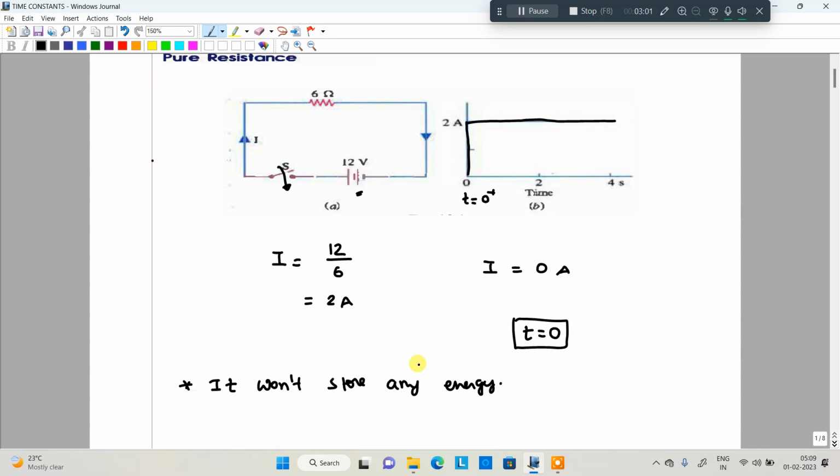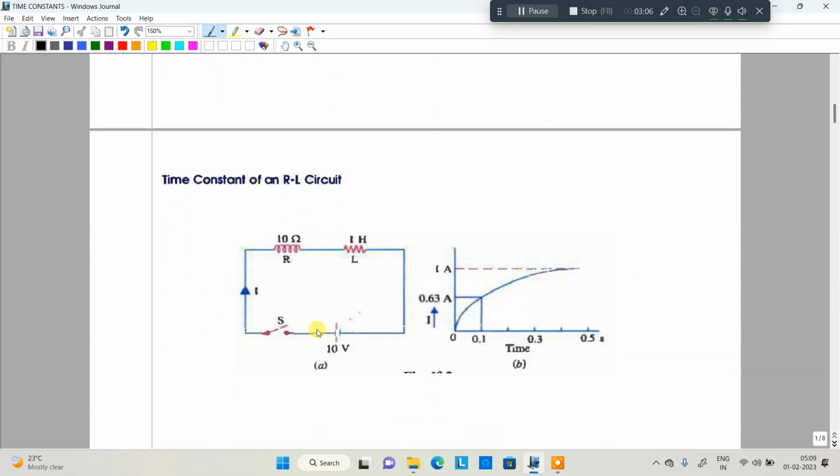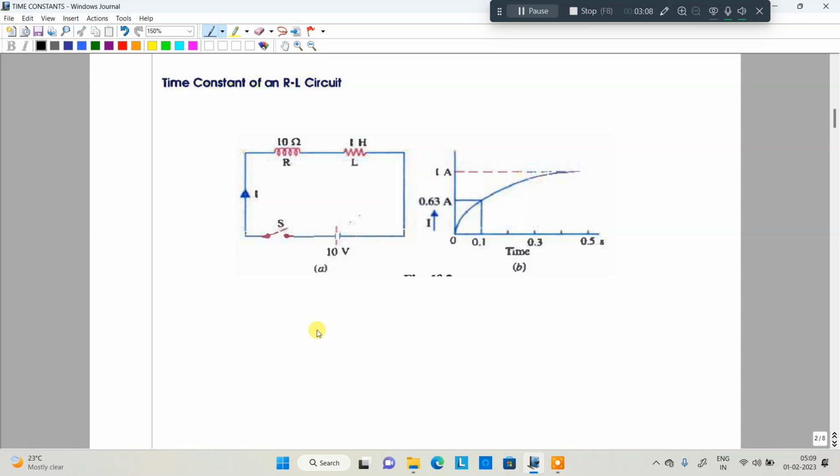Okay, so that is about the first topic. After that, we are moving to the second one, time constant. The time constant of an RL circuit is very important. The time constant of an RL circuit is lambda, sometimes tau or lambda. This is the lambda symbol.